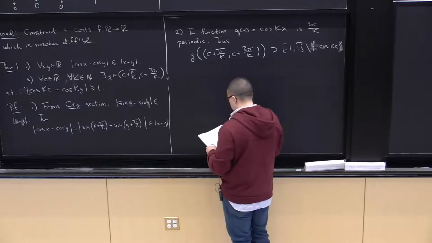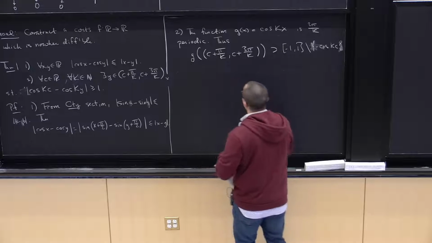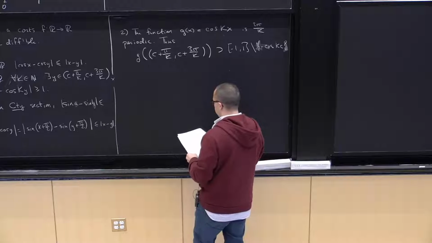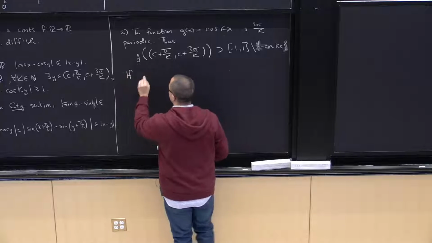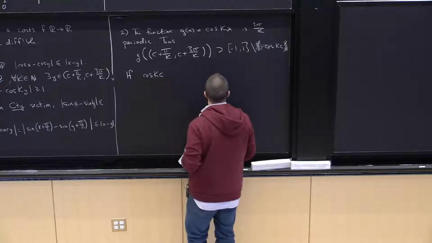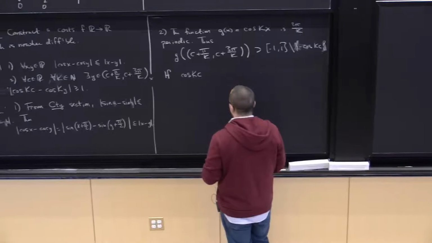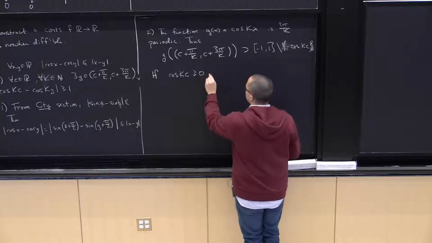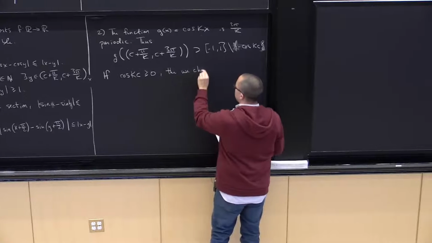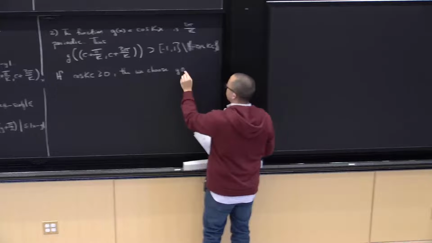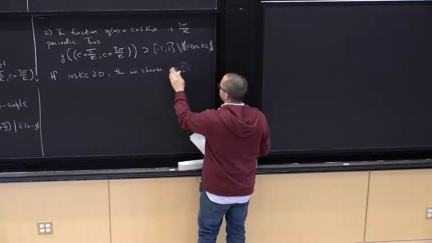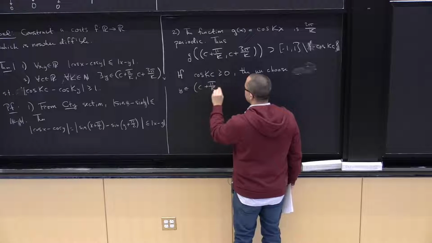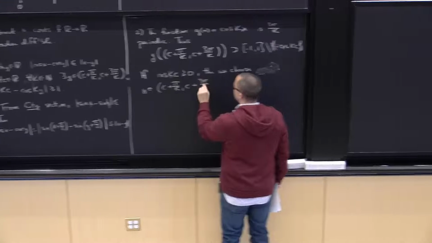Then, if cosine of kc is bigger than or equal to 0, then we choose y in this interval, c plus pi over k, c plus 3 pi over k.